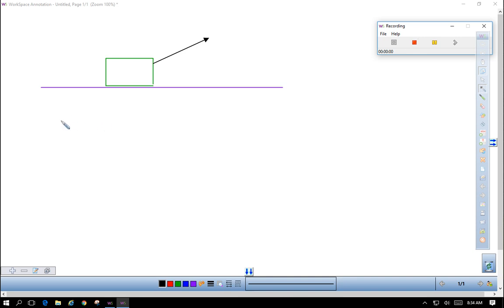Okay, so first thing, let's write down our givens. The applied force, which I'm going to label FA, and that's just the force of the worker. FA was 171 newtons, and it was at an angle of 27 degrees, so that is inclined at 27 degrees above a line parallel with the horizontal.